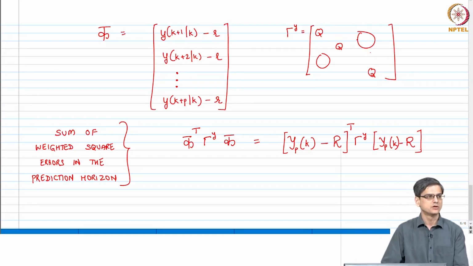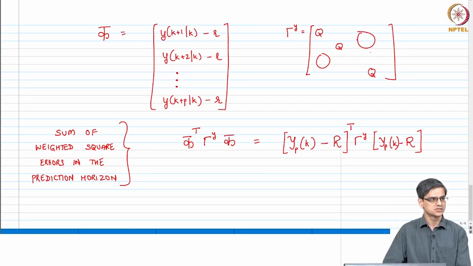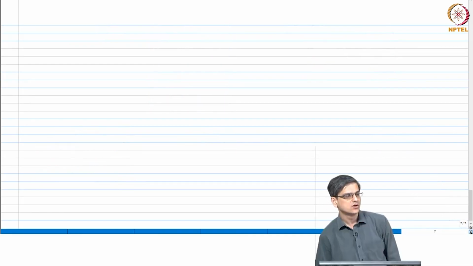This is what the objective function with respect to sum of square deviation from the set point is.